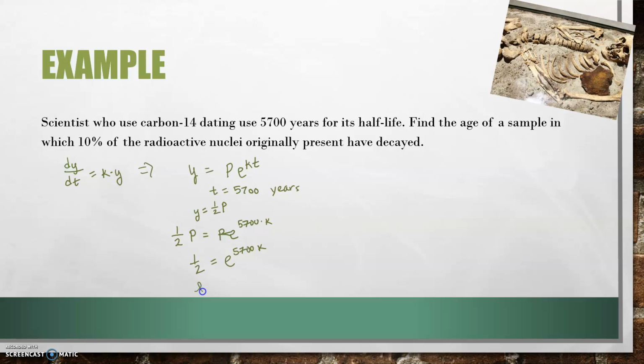So we have natural log of 1/2 is equal to 5,700k. And then divide. So this k is a negative value. And so this is the equation we have for this situation.